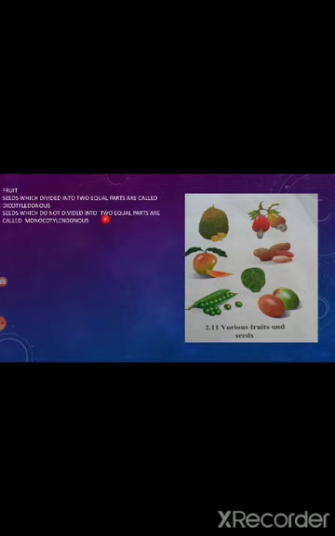Those are monocotyledonous. So friends, you can find which seeds are dicotyledonous and which are monocotyledonous. Dicotyledonous is also called dvidal in Marathi and monocotyledonous is called ekdal in Marathi.